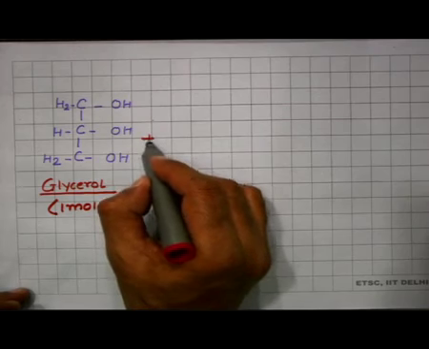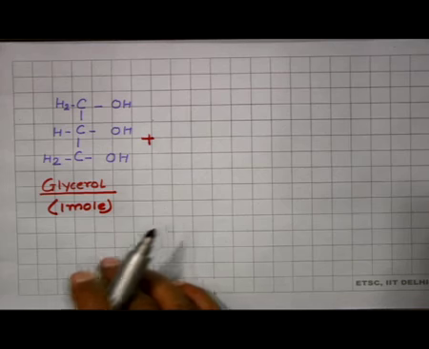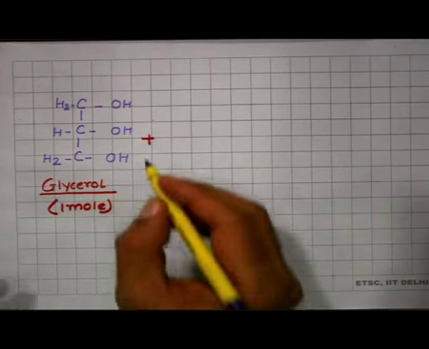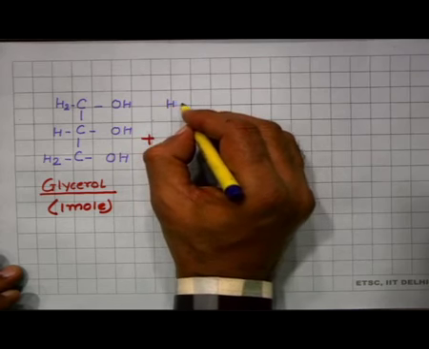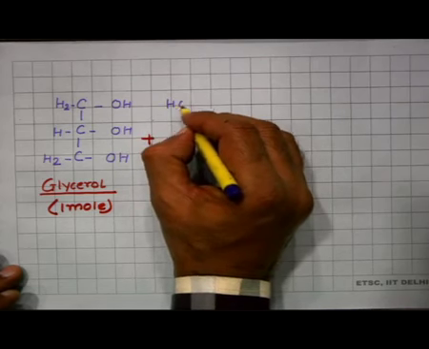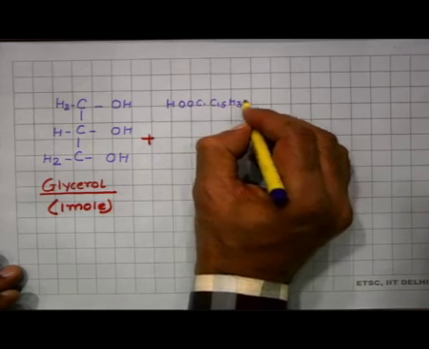When it combines with any type of fatty acid like palmitic acid, its formula is OOC C15 H31.